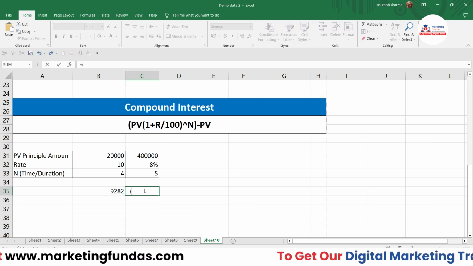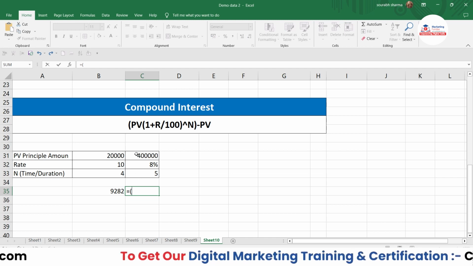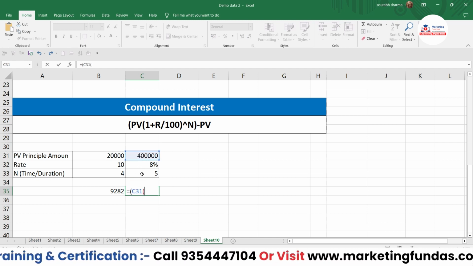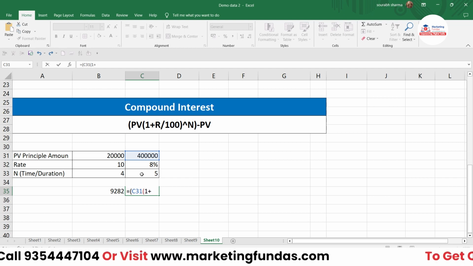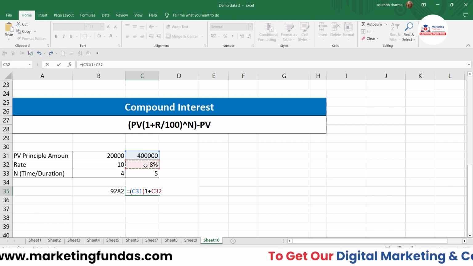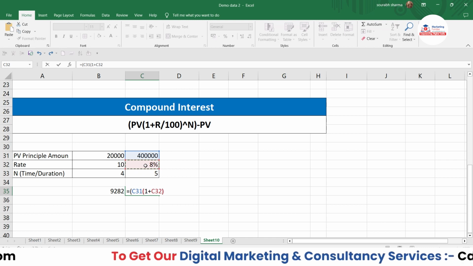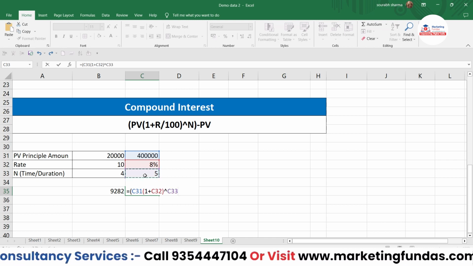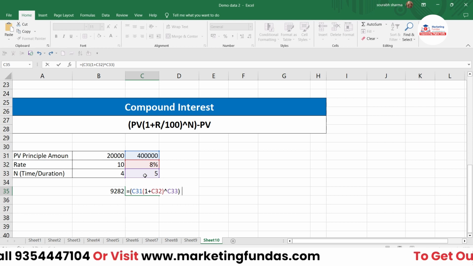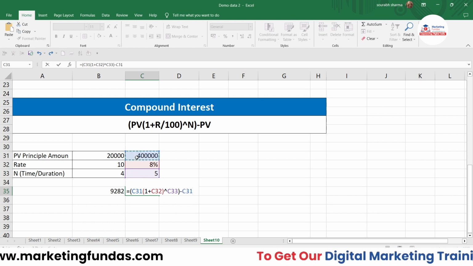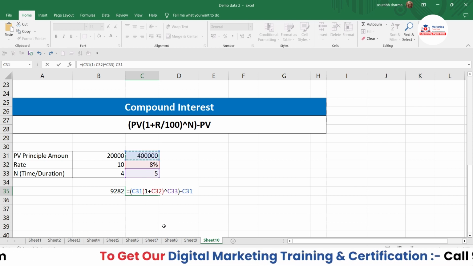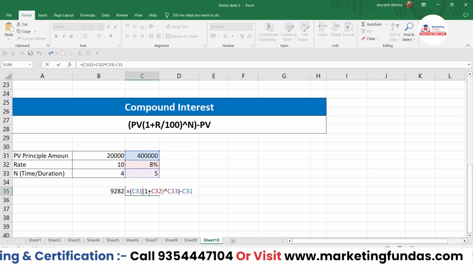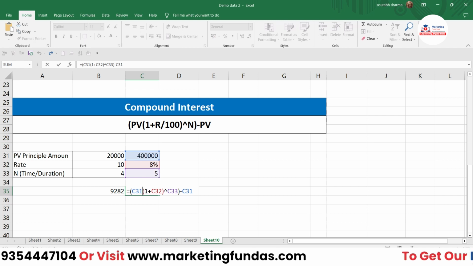So how do you do this? Just is equals to bracket open, principal amount or principal value, bracket open again, 1 plus rate of interest, then bracket close, apply power, select time, bracket close again, minus the principal value, hit enter. It is not done yet, maybe there might be some issue.